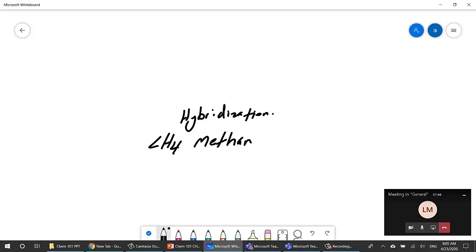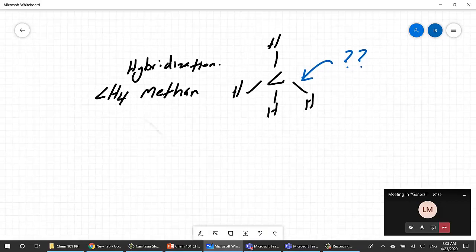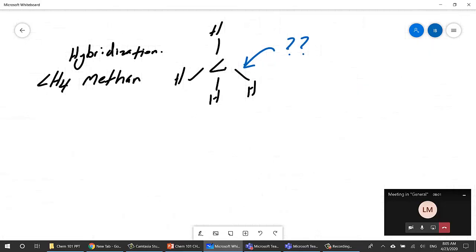So we have C, H, and then another H, another H, another H. What is this bond? Call this a sigma bond. What is it exactly? These are two electrons, but how is it formed? What orbitals are making this bond and so on?